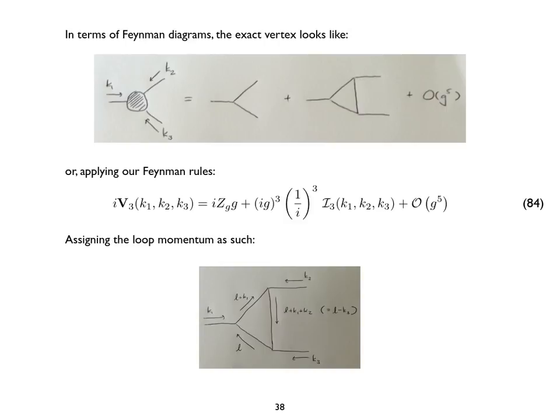I can do it any way I want, but I always like to assign my unknown momentum so that the first momentum it hits is K1, right? Just a personal choice. So you hit K1, so this is L plus K1. Hit K2, this is L plus K1 plus K2, okay? Or you could write this as L minus K3, right? Because you have that constraint that K1 plus K2 plus K3 is 0, okay?